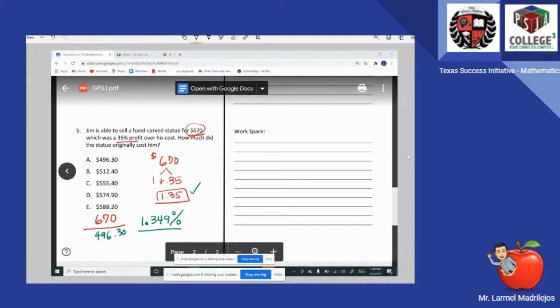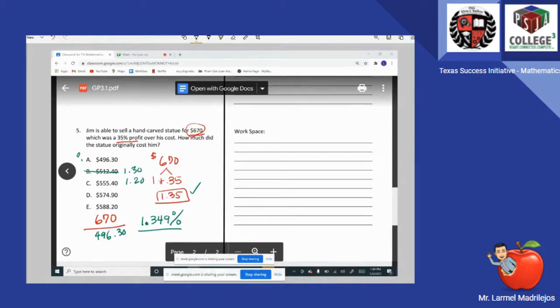Let me try letter B. If I go higher, 670 divided by 512.4, it's 1.30. So B is not an answer. If I divide 670 by 555.4, it's 1.20.